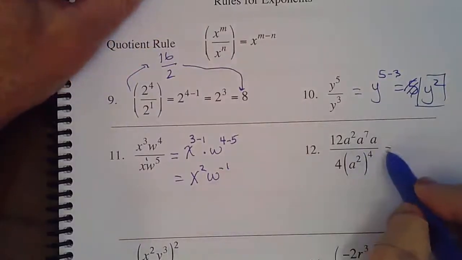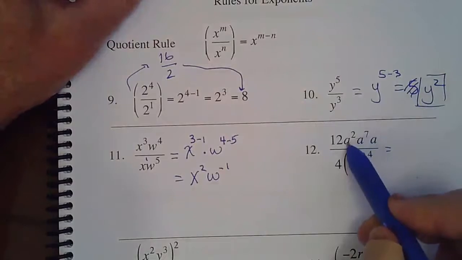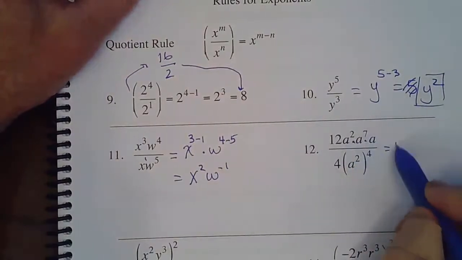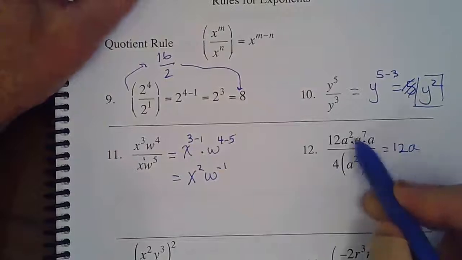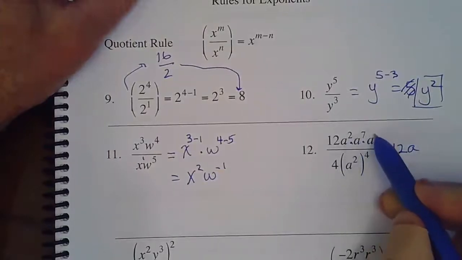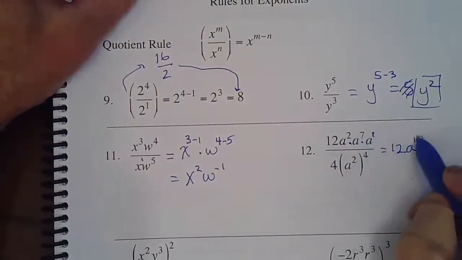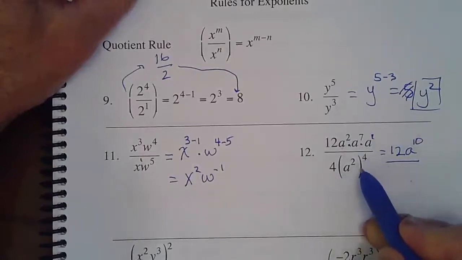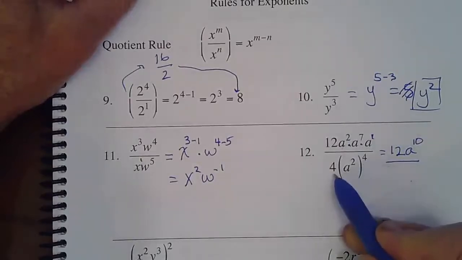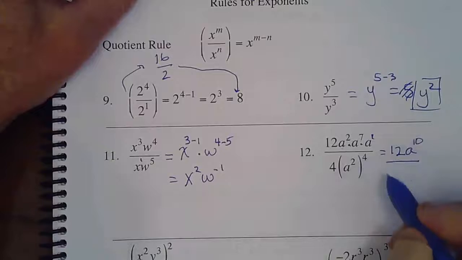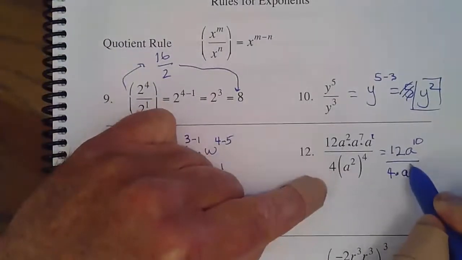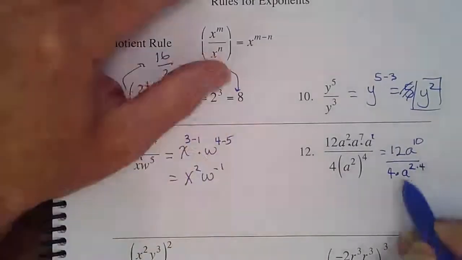Okay, here, the rule says if the bases are the same, you're multiplying, you're going to add the exponents. So 2, 7 is 9, plus 1 more is 10. That 4 touches the parentheses. That 4 does not affect that 4. You're going to have this 4 times a to the 2 times 4.